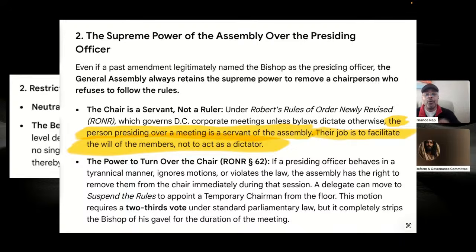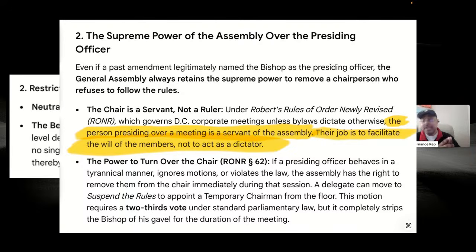The power to turn over the chair. Robert's Rules of Order: if a presiding officer behaves in a tyrannical manner, like a tyrant, if they ignore motions or violate the law, we've had many violations.